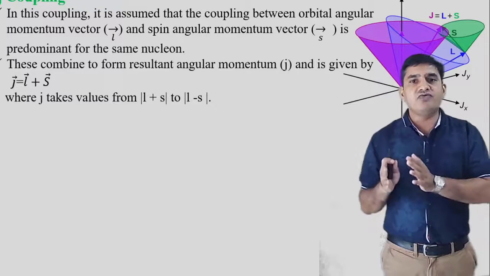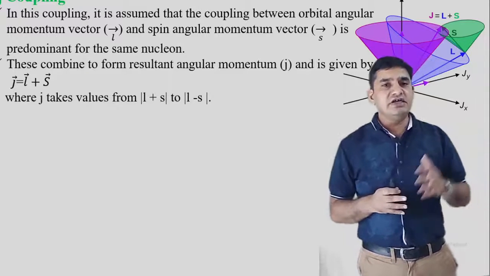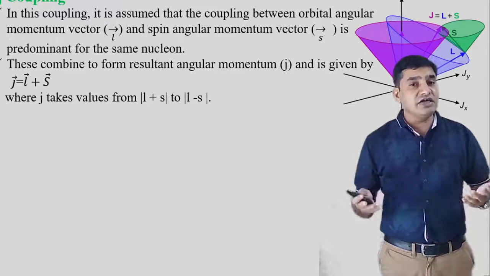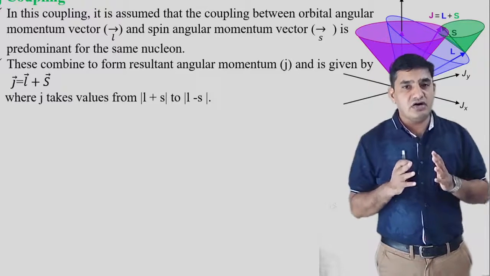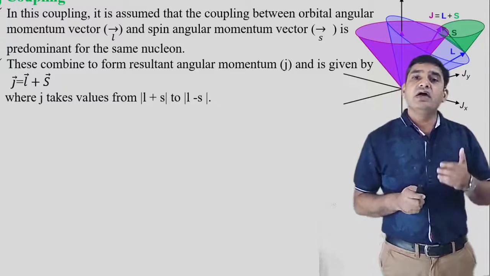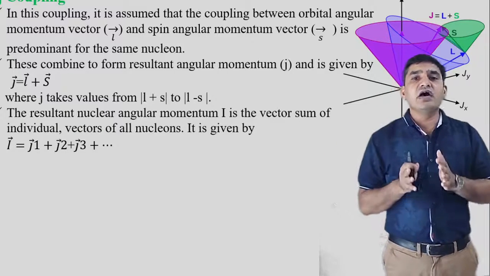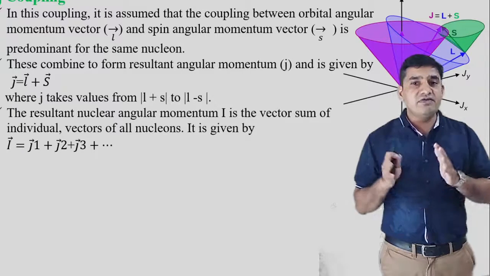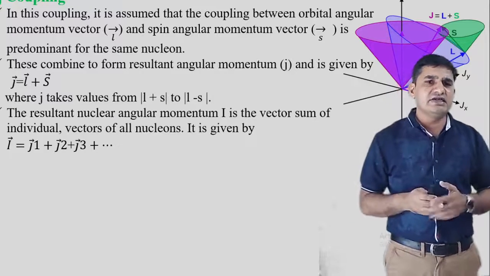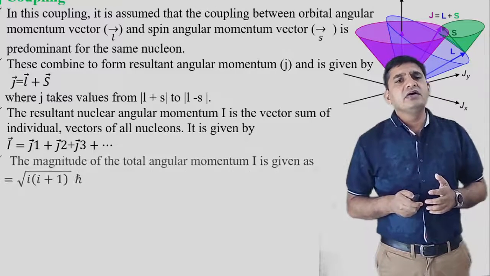These combine to form resultant angular momentum j, which is given as j is equal to L plus S, where j can take values from L plus S to L minus S. The resultant nuclear angular momentum I is the vector sum of the individual vectors of all the nucleons, and it is given as I is equal to j1 plus j2 plus j3 and so on.